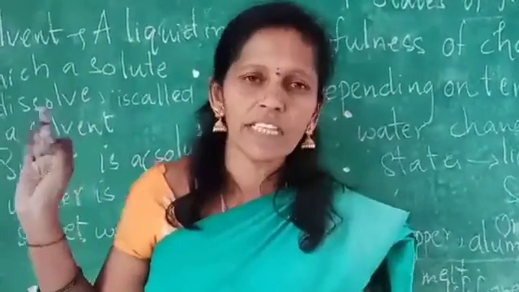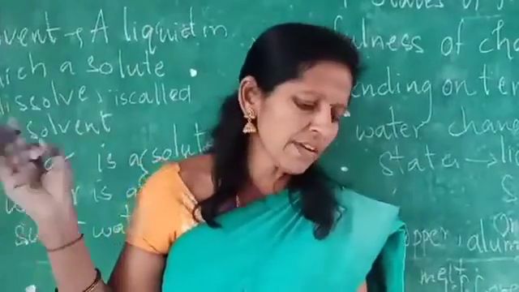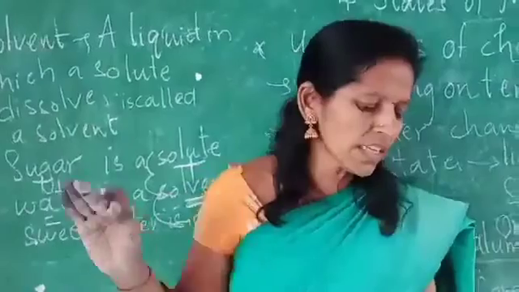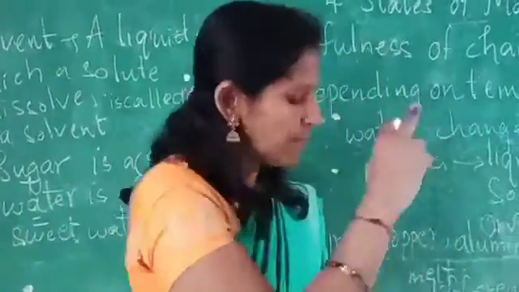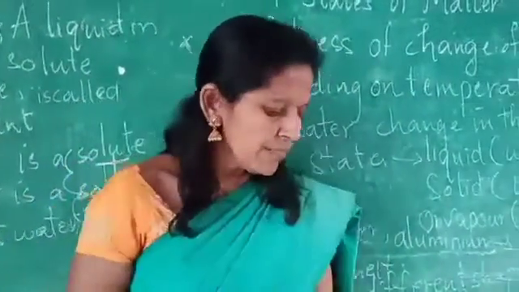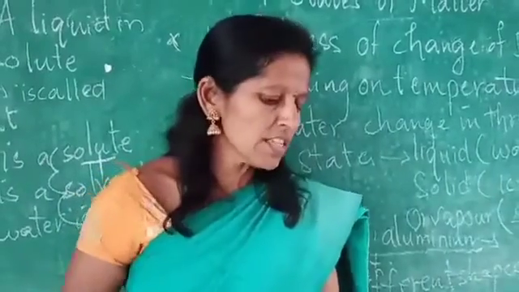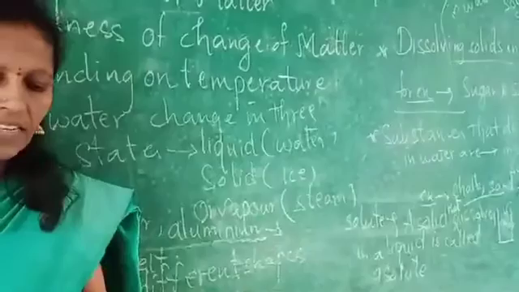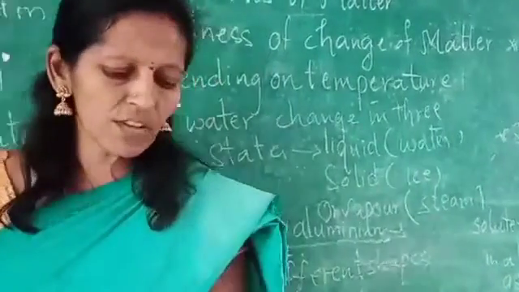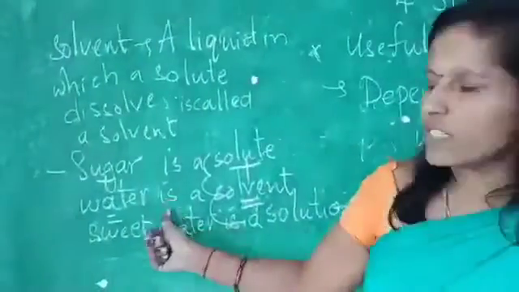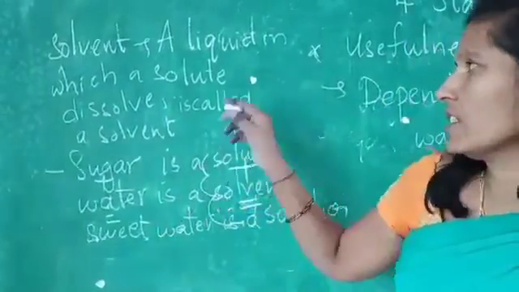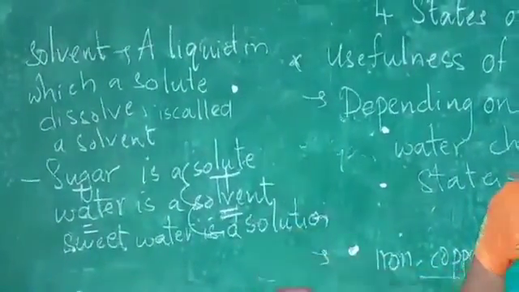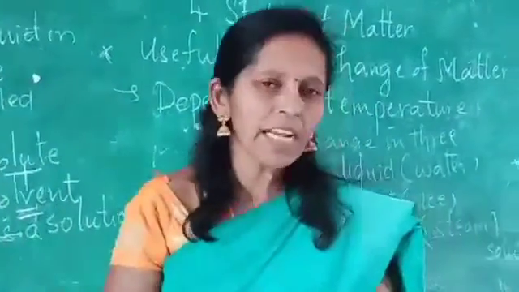Substances that dissolve in water are called soluble substances. Substances that do not dissolve in water are insoluble substances. The liquid which we get when a solute dissolves in a solvent is called a solution. Solute plus solvent is equal to solution.